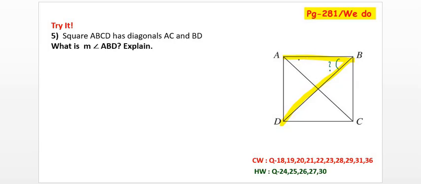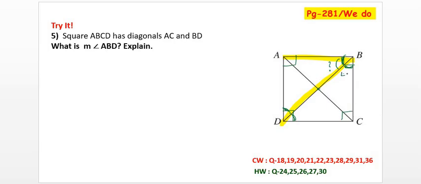Now we know that in a square all the four angles, like here this angle is a right angle, this angle is a right angle, and this angle is a right angle, and this one is also a right angle. Secondly, we know that like a rhombus, when you draw the diagonals, each angle gets bisected. So that means this angle is bisected. So all these four angles will be congruent to each other.